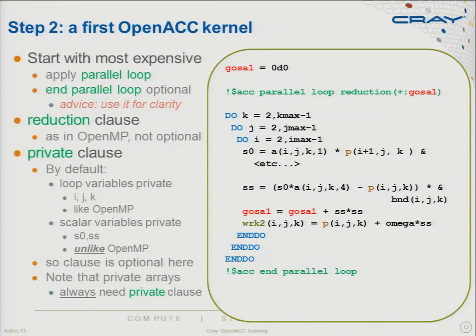Whereas if it was a multiplication that you were doing, they should all start with the value 1. If they start with 0 and you multiply onto 0, you still have 0. So the initial value should be 1. So it's telling the compiler about the initial values and what to do at the end when it finishes and it collects all the intermediate results together. How should they be combined? So yes, if you say the wrong type of reduction variable, you will get the wrong answer, and that's a programmer error.